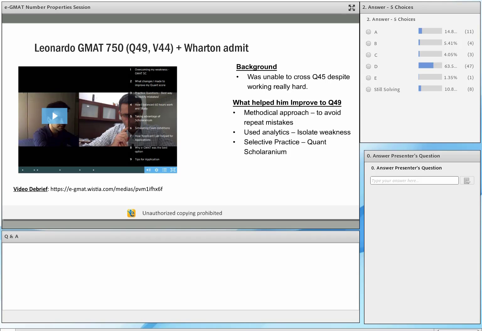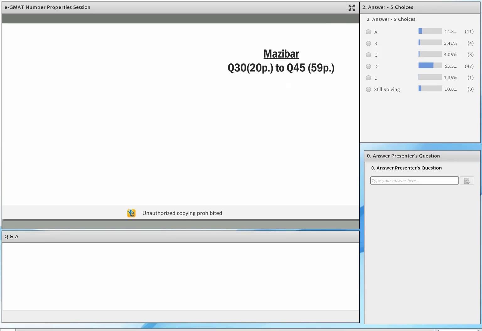And then assigning that causality is very important. Based on the reason why you faltered, you need to then implement the right corrective action. That's what Leonardo was able to do through Scholaranium. And because of his good quant score and excellent verbal score, he was admitted to Wharton, Stern, and Tepper. Okay.